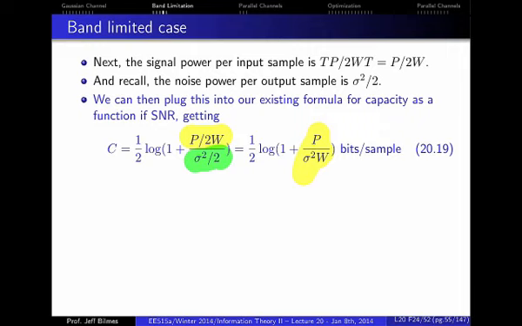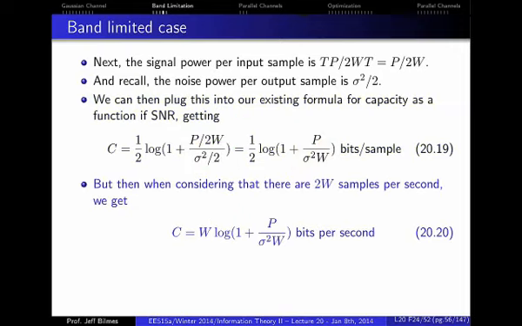Of the channel. But then lastly, we're using 2W samples per second. So this is in terms of bits per sample, but the final capacity is in terms of bits per second. Because remember, when we're talking about a sampling rate, there's time involved in this.